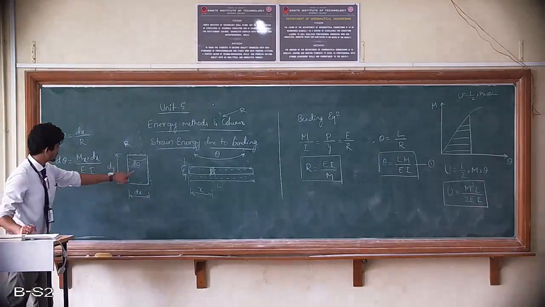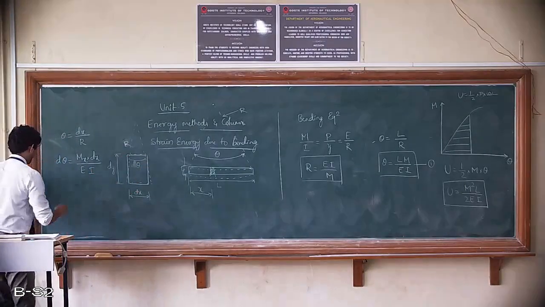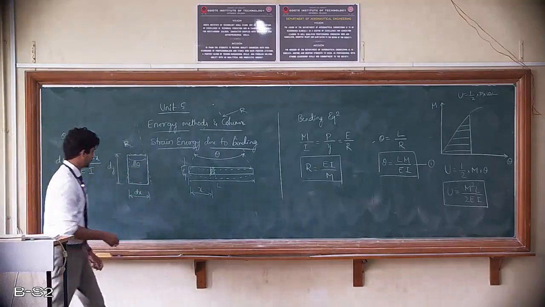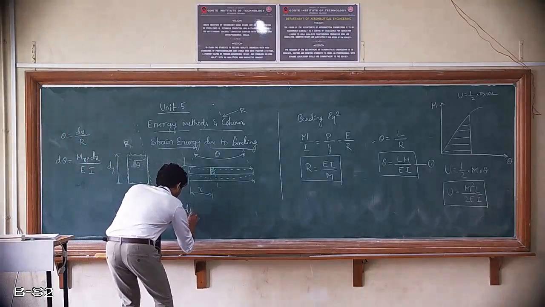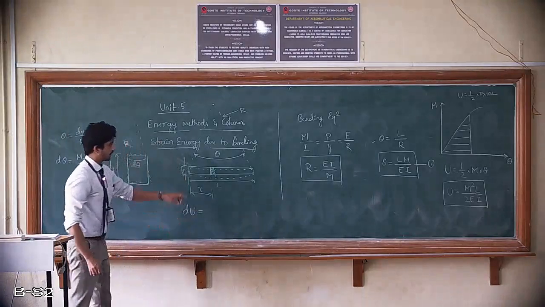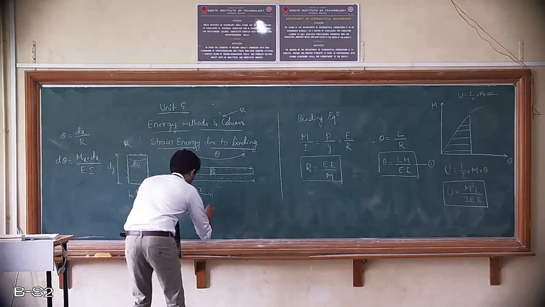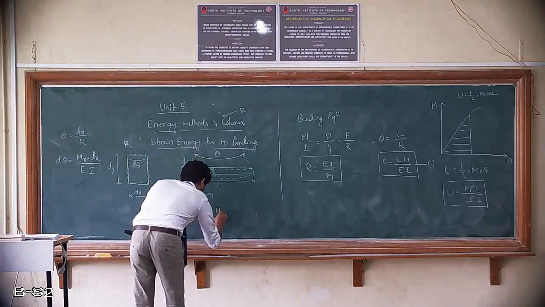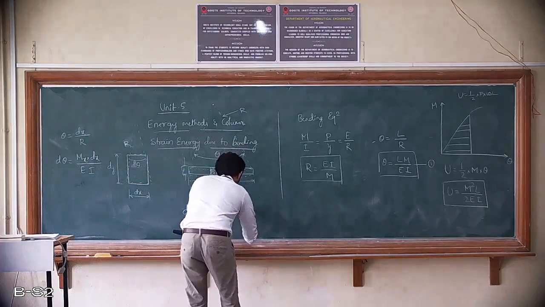For the same small element, the elemental strain energy du, from the equation m square L divided by 2 EI, can again be written as half mx times theta.